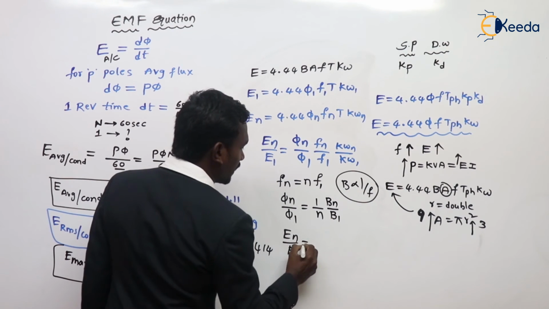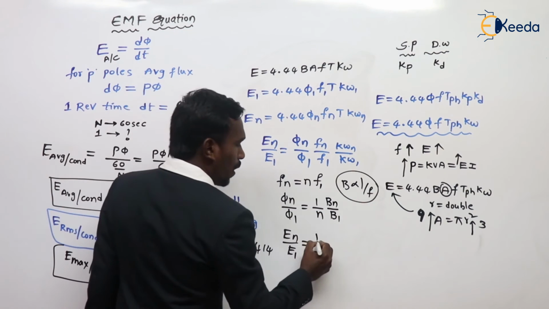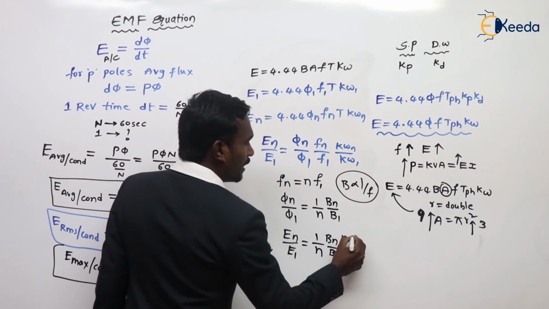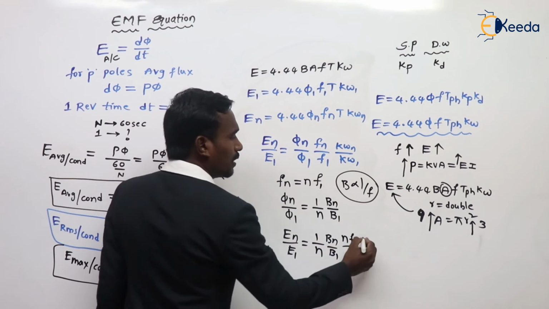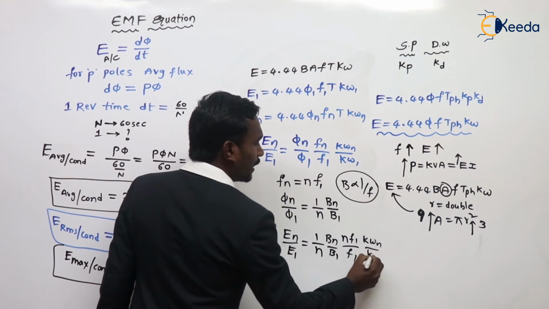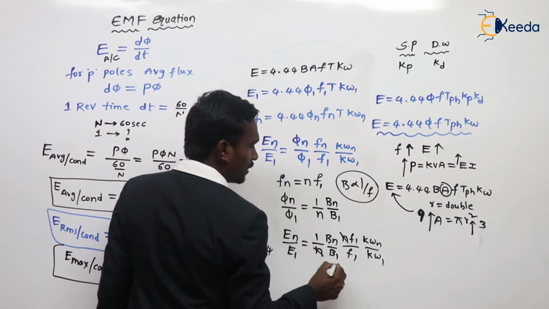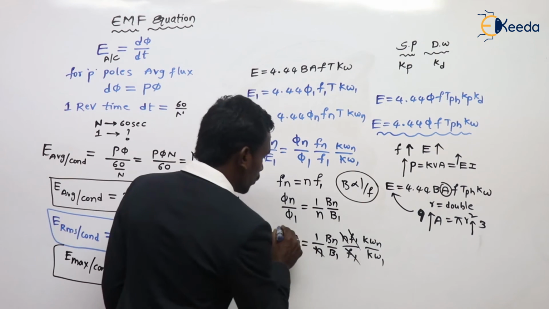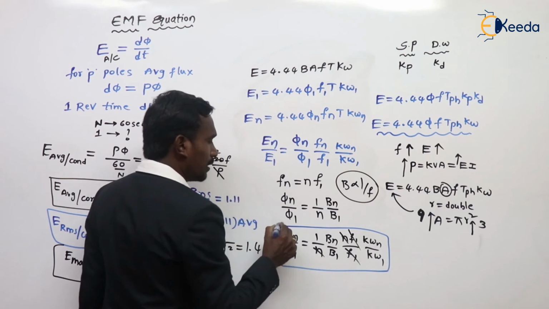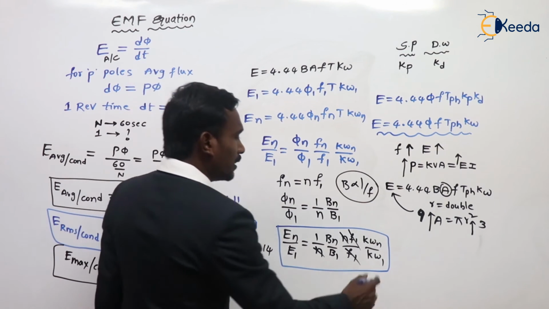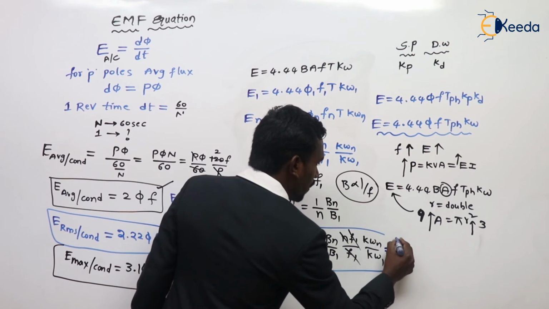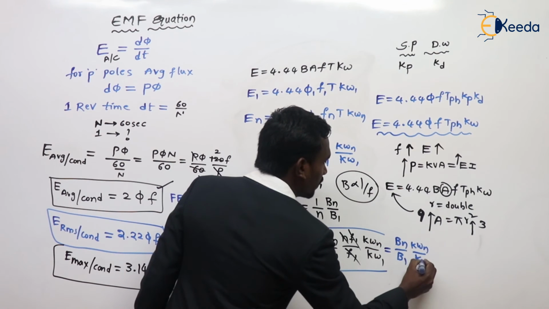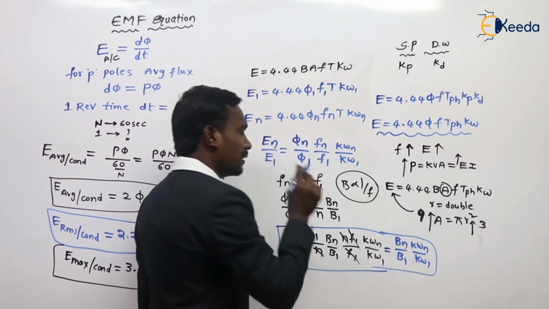En upon E1 is equal to 1 by n of Bn upon B1, n of F1 upon F1, Kwn upon Kw1. n gets cancelled, F1 gets cancelled. So finally, a very important result: En upon E1 is equal to Bn upon B1 times Kwn upon Kw1. This is the final equation.